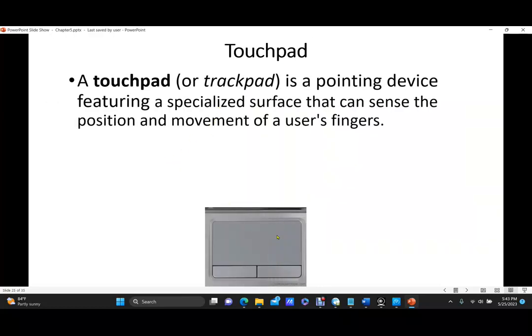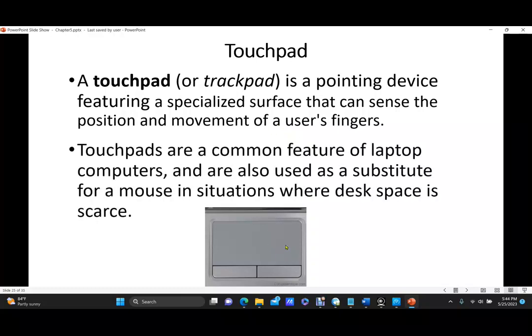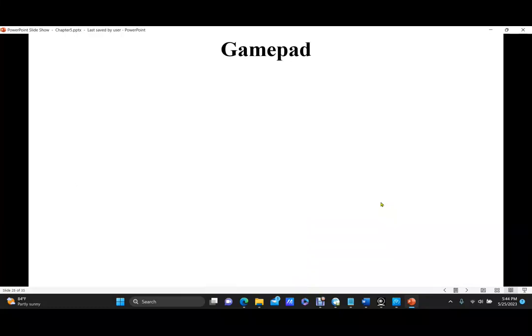A touchpad or trackpad is a device that has a specialized surface that can sense the position or movement of a user's fingers. They are a common feature on laptop computers and can also be used as a substitute for a mouse in situations where desk space is limited.